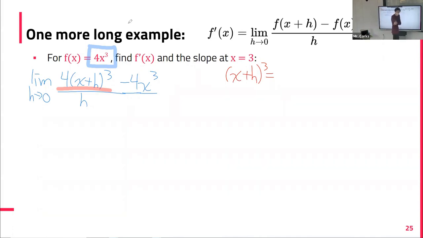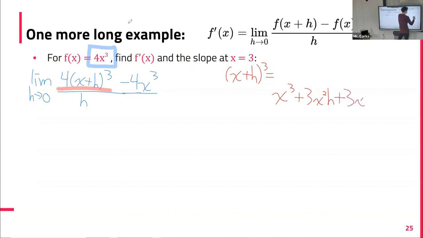Okay, wait, slow down one more time. Okay, x cubed. Yes, but tell me in a more straightforward order. X squared. Uh-huh.